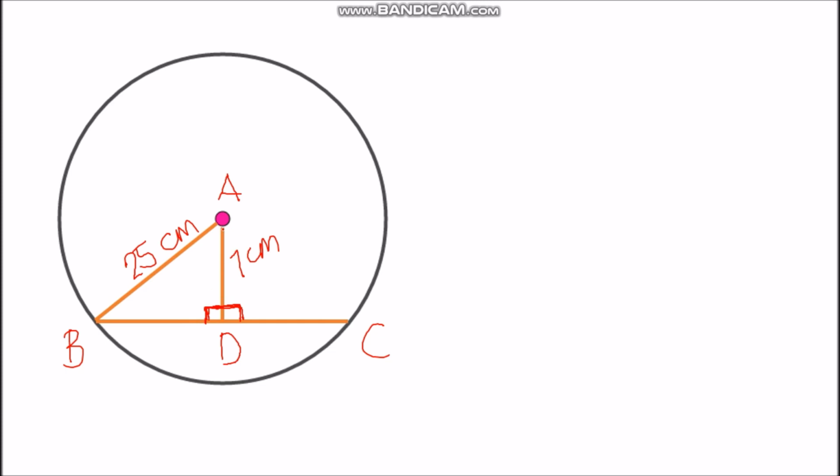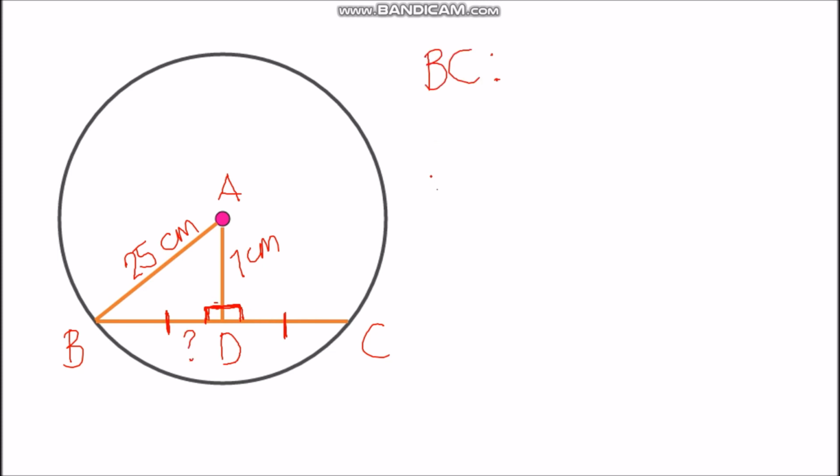Now, since there is a segment from the center going to the chord, and it is perpendicular to the given chord, that means this will also bisect the given chord. So, we can also say that segment BD is congruent to segment DC. Again, this happens because segment AD is perpendicular to segment BC.